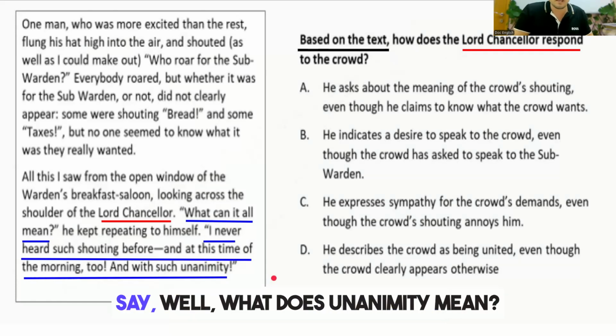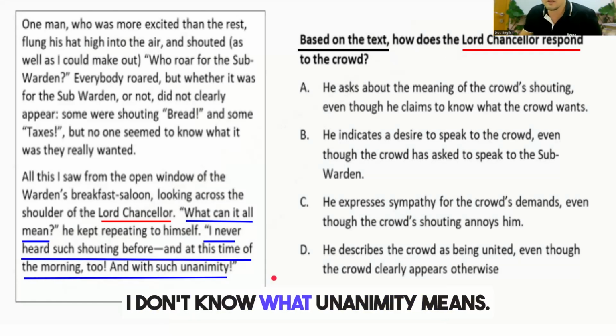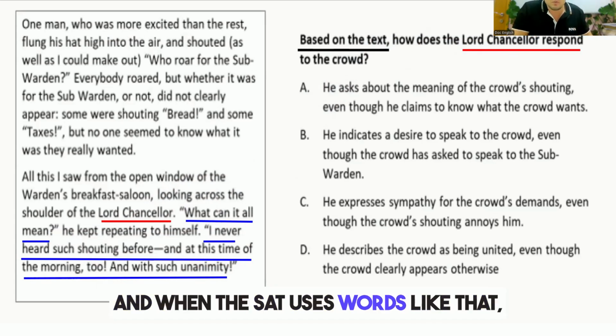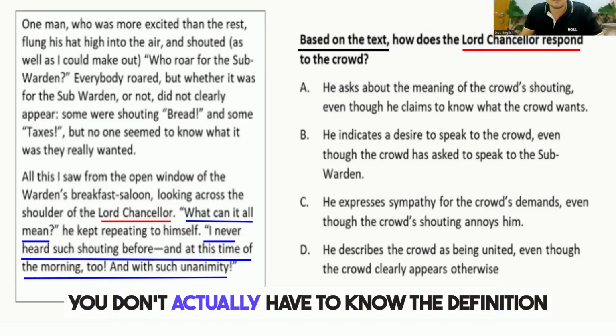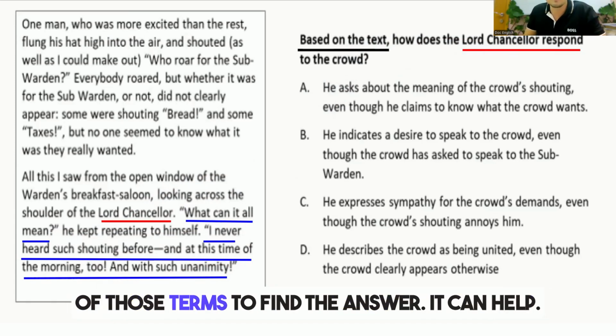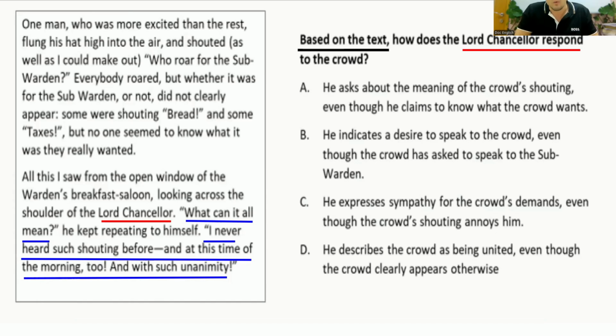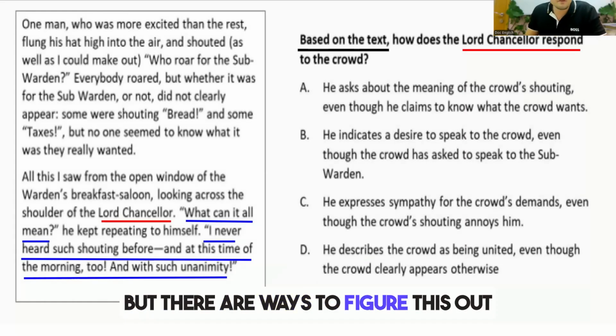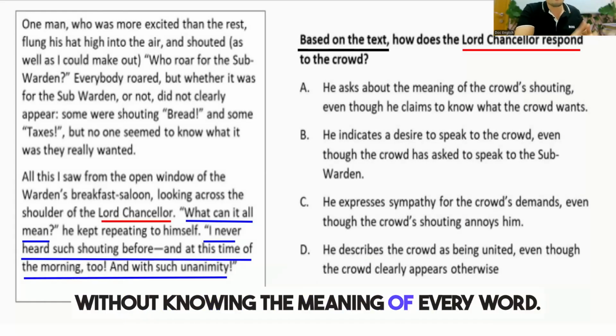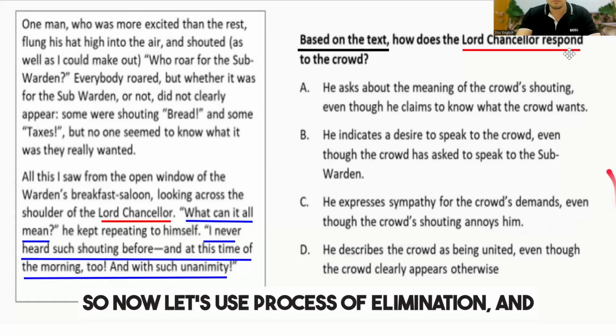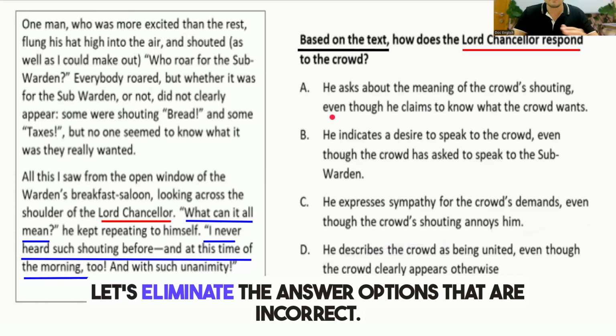Now, a lot of students will say, well, what does unanimity mean? I don't know what unanimity means. And when the SAT uses words like that, you don't actually have to know the definition of those terms to find the answer. It can help, but there are ways to figure this out without knowing the meaning of every word. So now let's use process of elimination and let's eliminate the answer options that are incorrect.